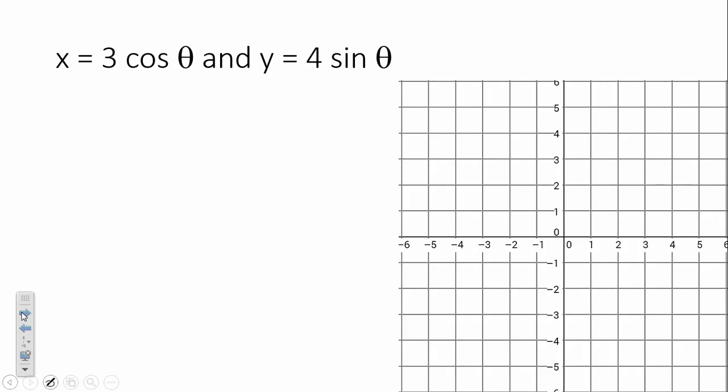Do we have a Pythagorean identity that involves sine and cosine? Sine squared plus cosine squared equals 1, right? So if the cosine of theta is equal to x over 3, and the sine of theta equals y over 4, and cosine squared plus sine squared equals 1, right?